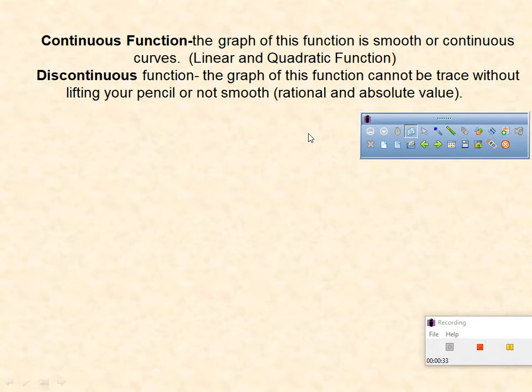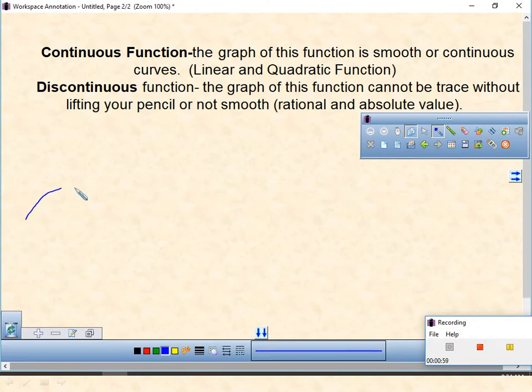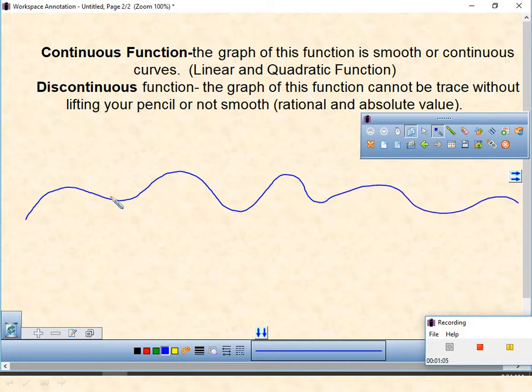If you do not pick up the pencil at any point, it's a continuous, smooth shape, so that's a continuous function. However, if you have to start drawing, pick up your pencil, and then start again, then obviously that is not continuous. That would be an example of a discontinuous function.